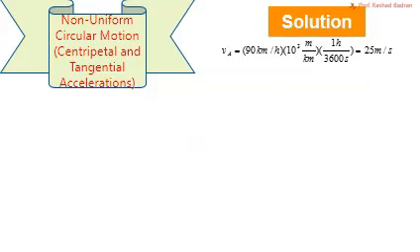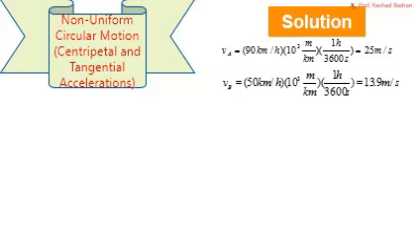To solve this problem, it will be better to convert the units of speed from kilometers per hour to meters per second. This is the first step. By doing that, we get v sub A, the speed at point A, as 25 meters per second, and the speed at B as 13.9 meters per second.